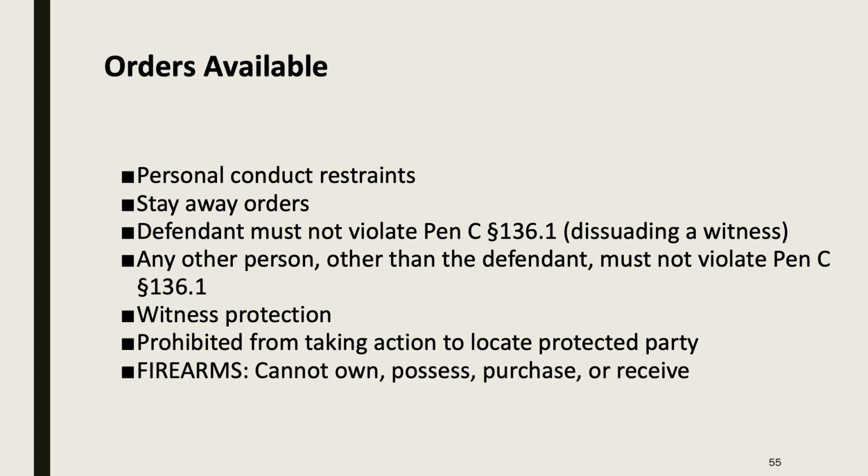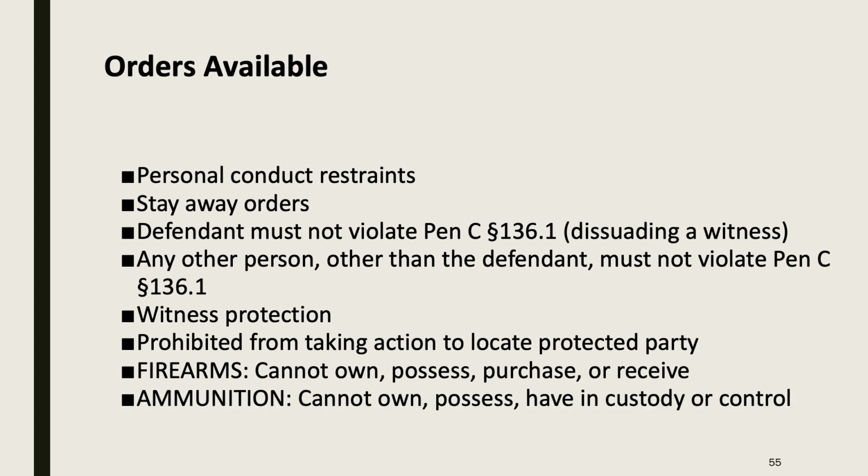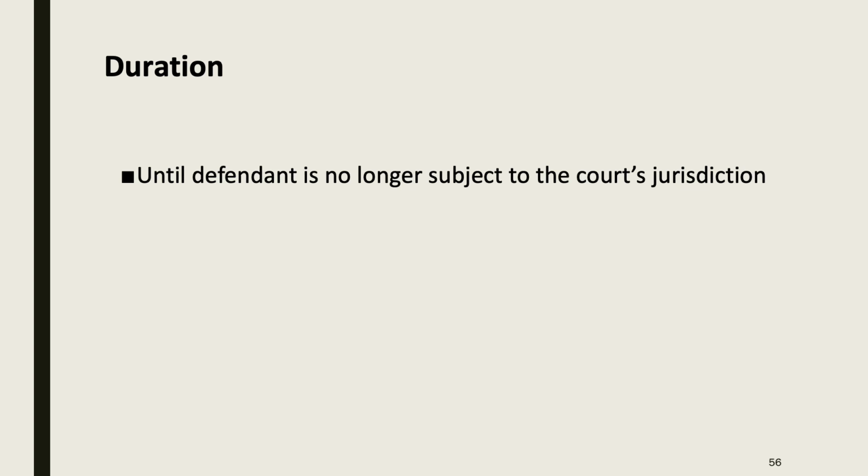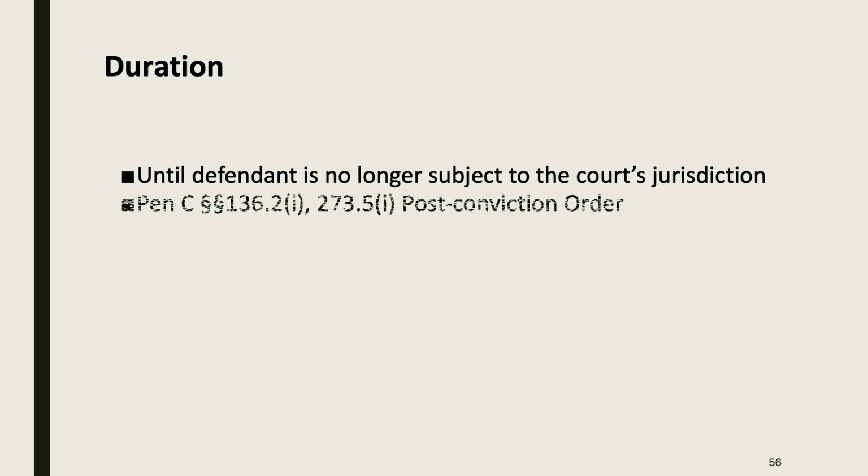And again, firearms orders. The person subject to this cannot own, possess, purchase, or receive firearms, and cannot own, possess, or have in custody or control ammunition. This order lasts until the defendant is no longer subject to the court's jurisdiction.